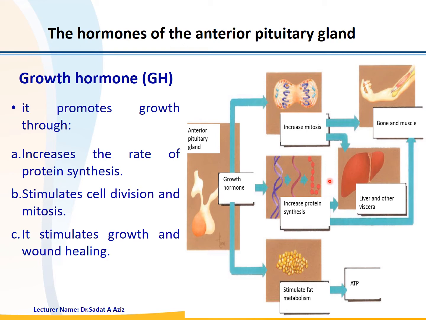And also there is another pathway through which the growth hormone can induce the process of growth, through stimulation of cell division and the mitotic process. If you know, we have two types of cell division. The first one is called mitosis, and the second one is called meiosis.